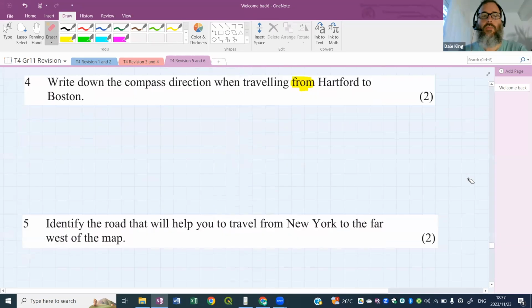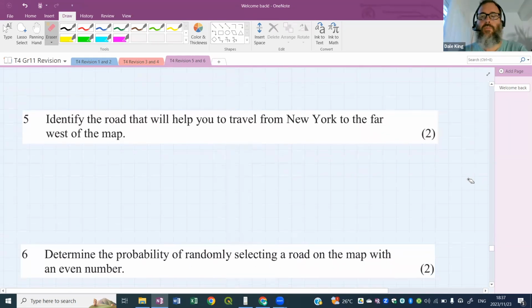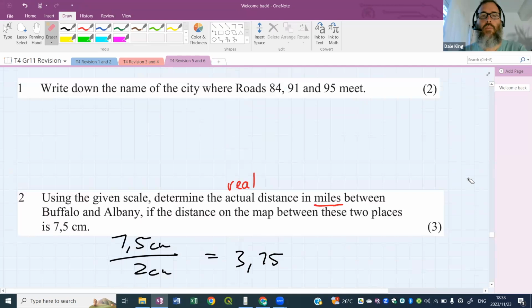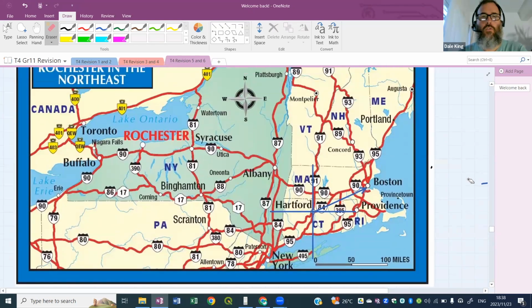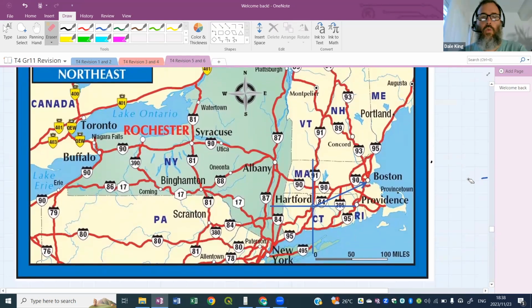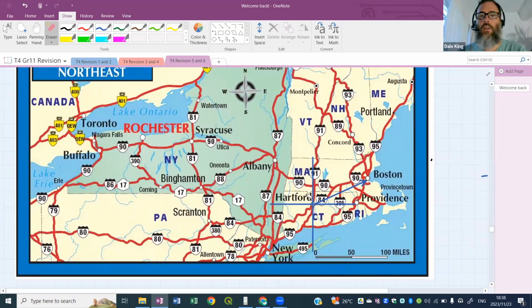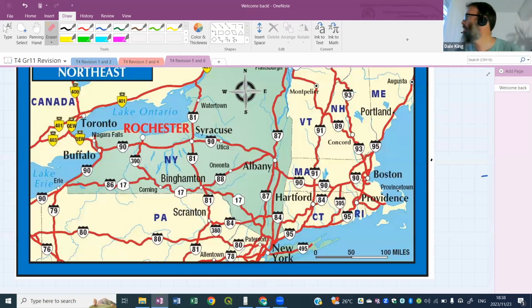All right. Question number 5. Identify the road that will help you to travel from New York to the far west of the map. From New York to the far west of the map, which road should you be taking? Remember, New York was the big city down here.